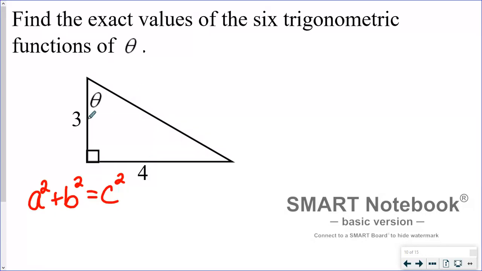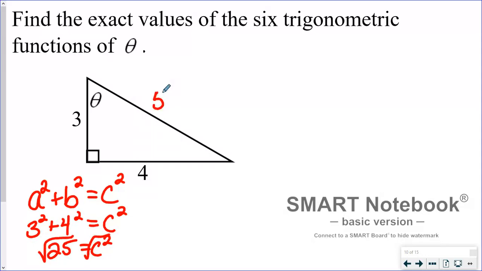No. The leg squared plus the leg squared always has to equal the hypotenuse squared. So in this case, we have 3 squared plus 4 squared equals C squared. That's 9 plus 16, so that's 25. So obviously you take the square root, and this has to be 5.